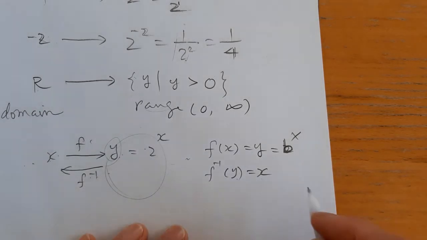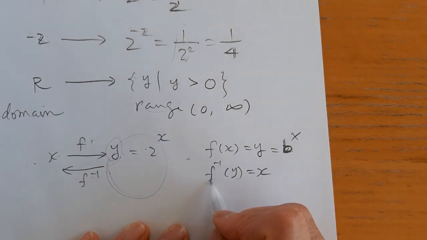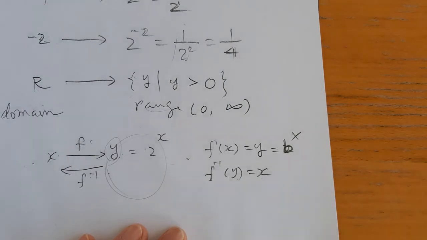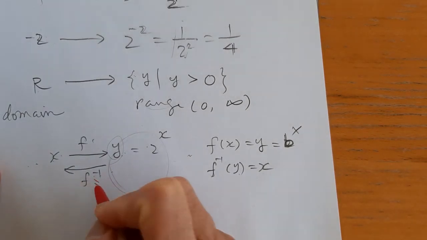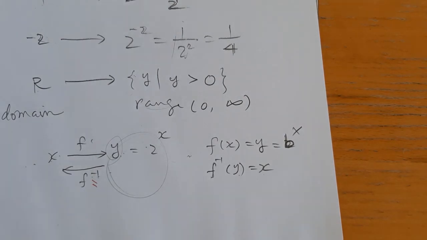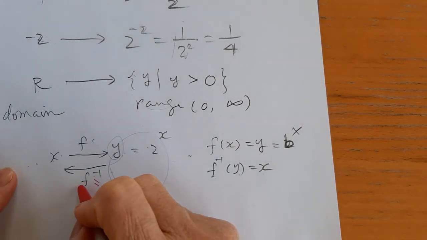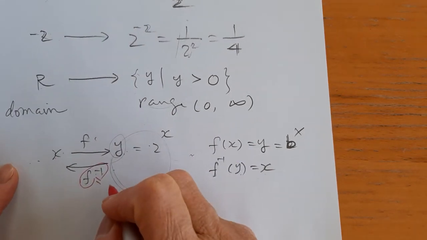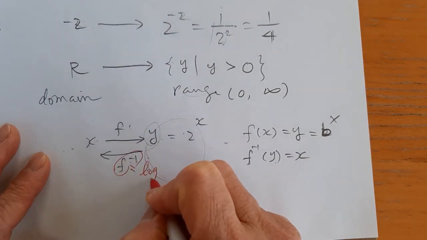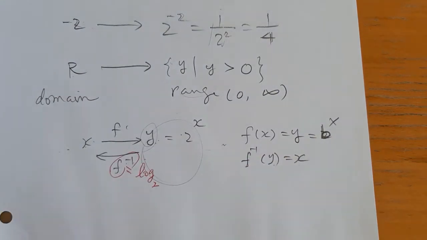Now, its inverse, f inverse of y. We give a specific notation for f inverse. We write it as logarithm base. Instead of writing f inverse, we give it a specific name, log base 2 for this example.